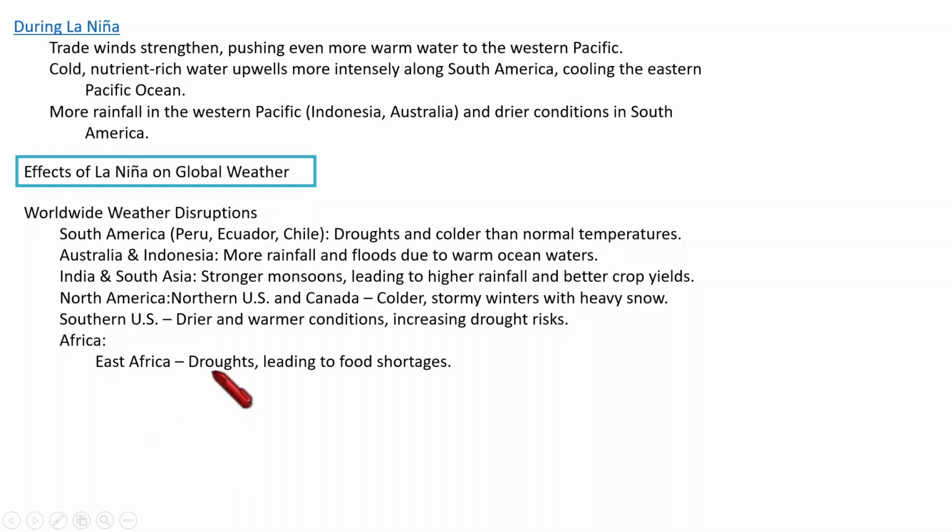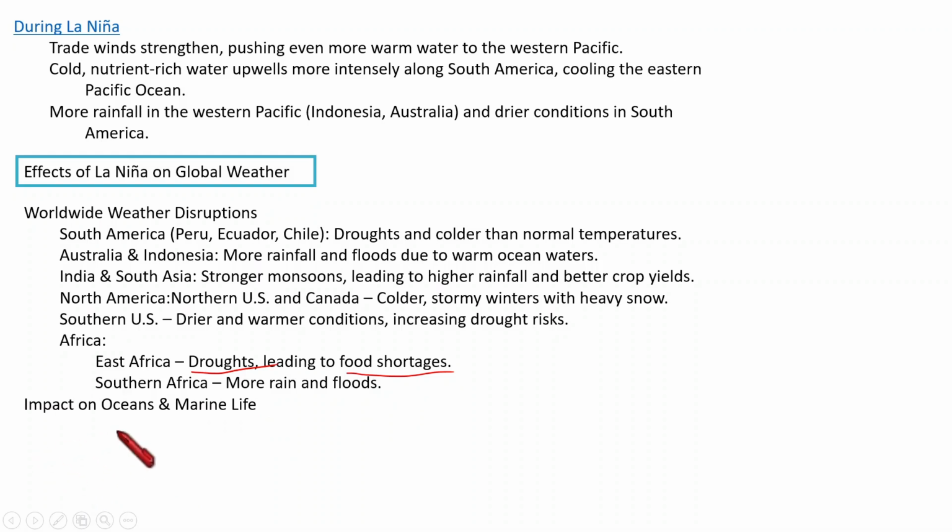Africa also. The portion of Africa towards the east will experience drought because there is not enough warm surface ocean water. As drought is there, food shortage certainly will follow. Then Southern Africa experiences more rain and flood.